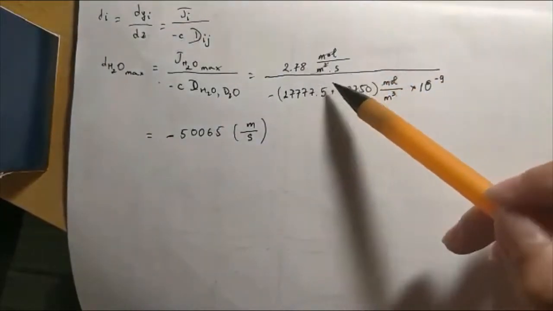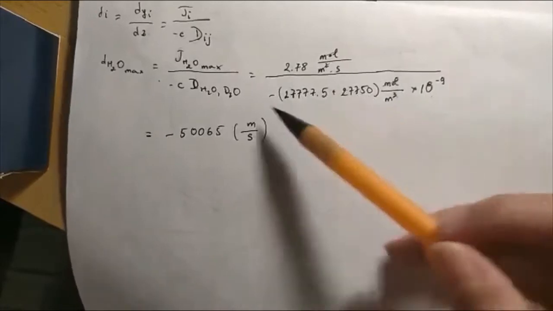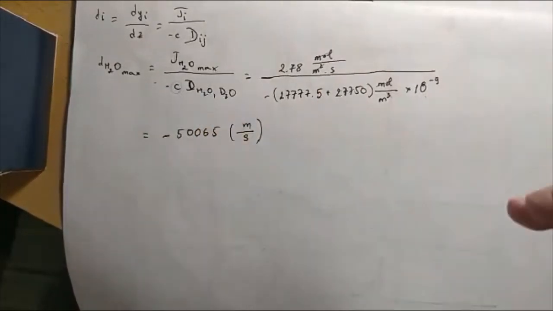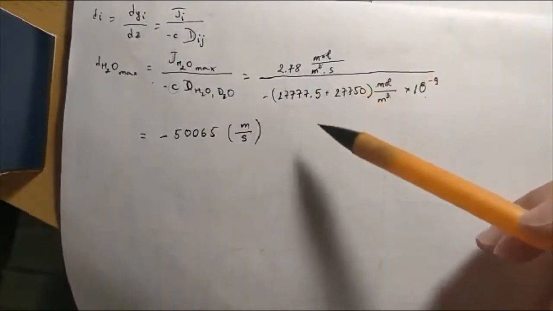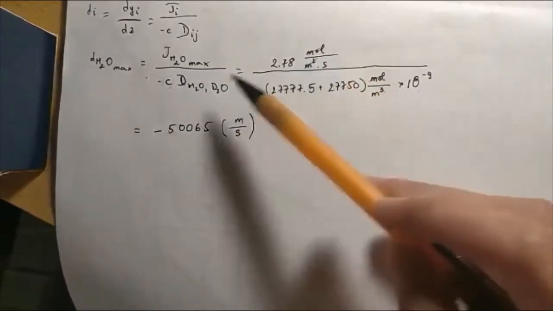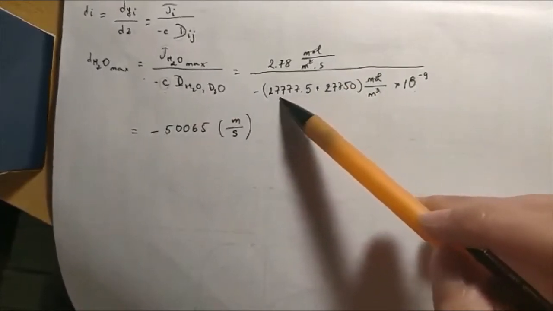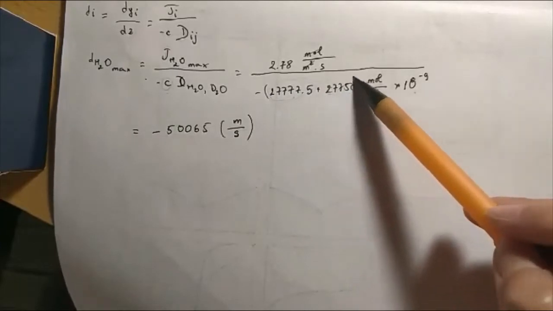So I put the numbers in, and the total concentration at this point, in the middle, at z equals 5, equals the concentration of H2O, which is this, plus the concentration of D2O, which is this.